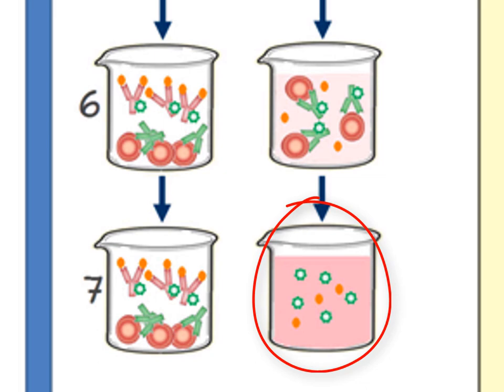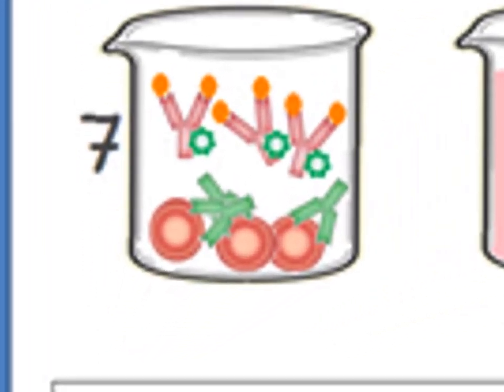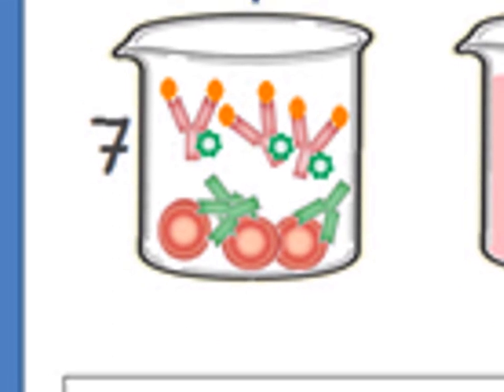This is what you see in the step number 7. As you can see, in the healthy individuals, the sample gets red because of hemolysis, but this doesn't happen in sick individuals because the red blood cells are precipitated at the bottom of the beaker.